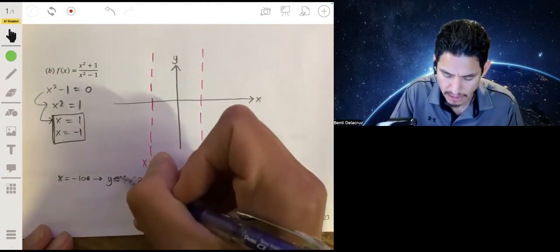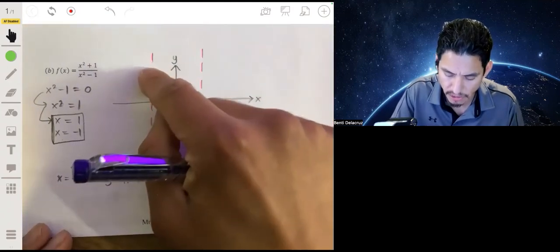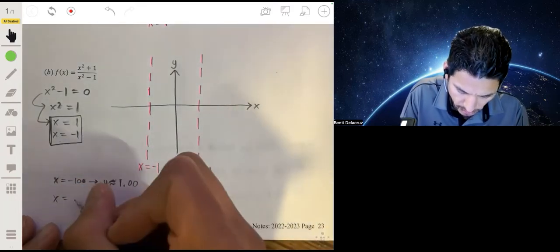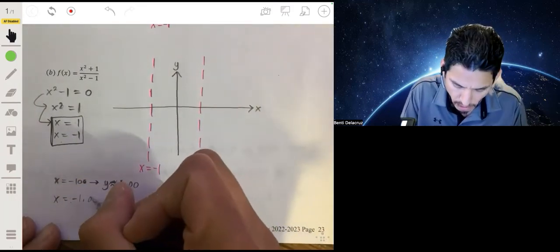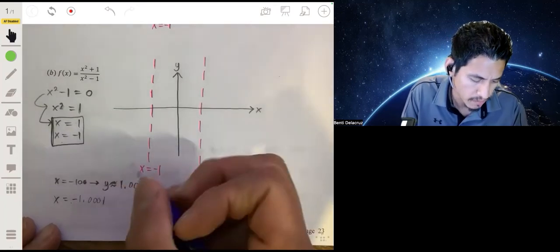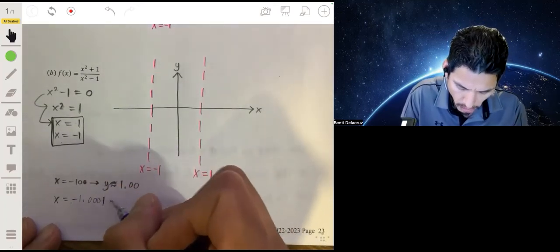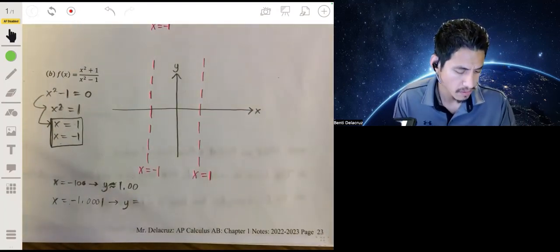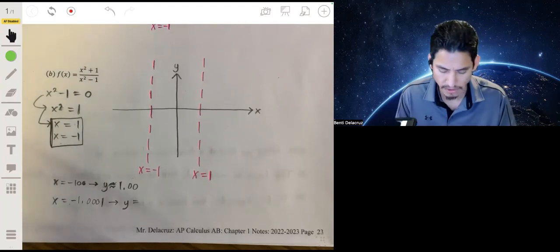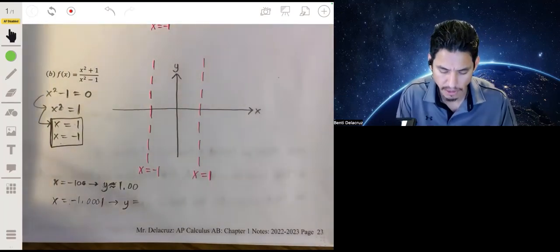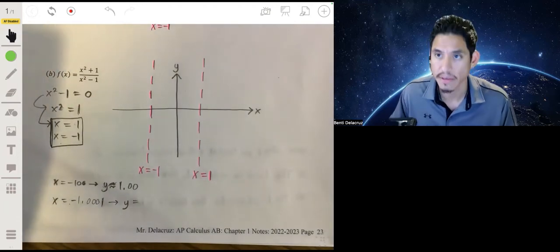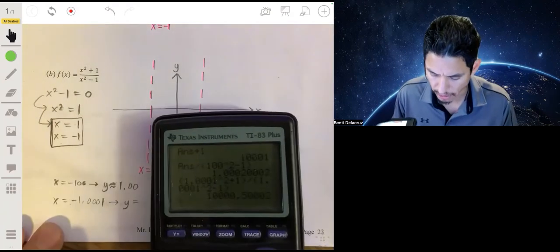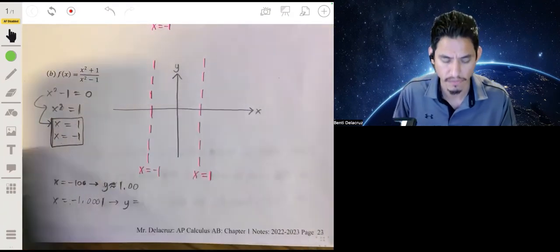So maybe there's a horizontal asymptote, but let's see what's going on when you're very, very close to -1 on the left side. What if we put in x equals -1.0001? What would we get for y? If you did that, you would get a number about 10,000.5.